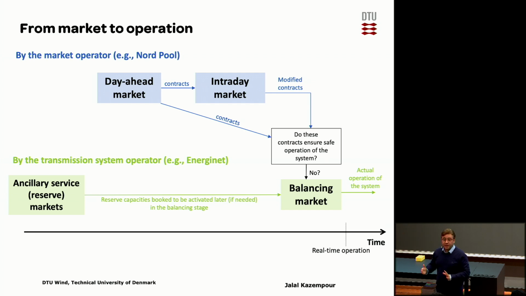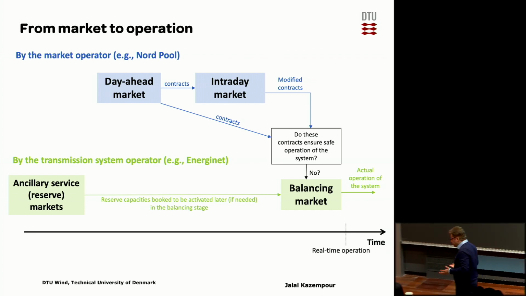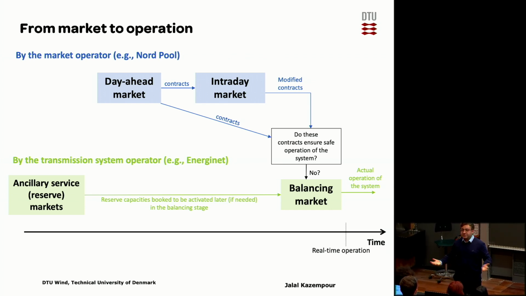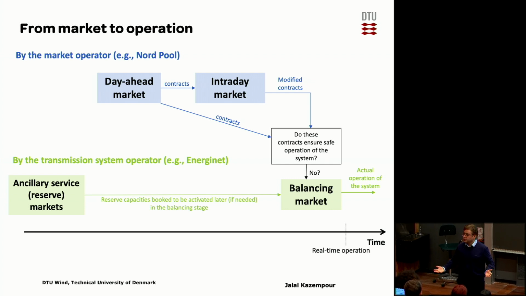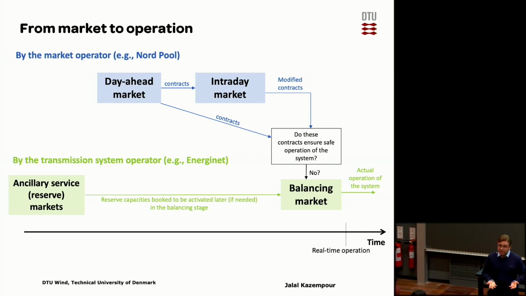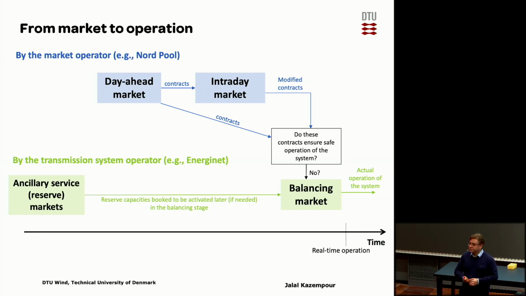Again, TSO. When? A day before. In Europe, before day-ahead market. So day-ahead market is being cleared at noon, T-1, but reserve is even before. So as a flexible generator, in short term, the first market you can bid is ancillary service markets. Then day-ahead market. Then intraday. Then balancing. Is it clear?